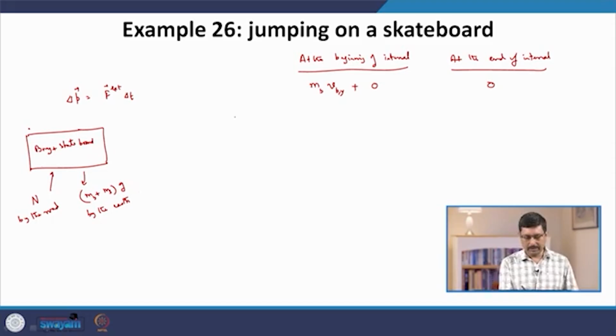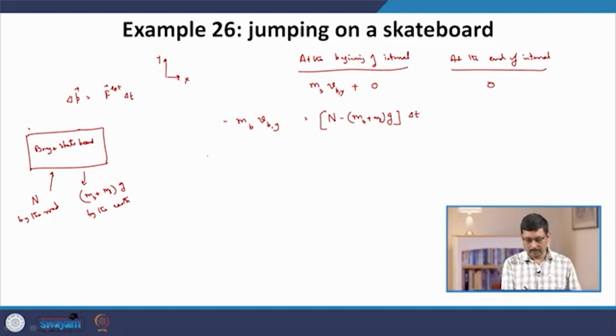So, in this case our change in the momentum is 0 minus, so this is final minus initial, and this must be equal to, taking this as our positive y direction, N is positive and the weight is negative, times delta t. Now, this gives us the N.